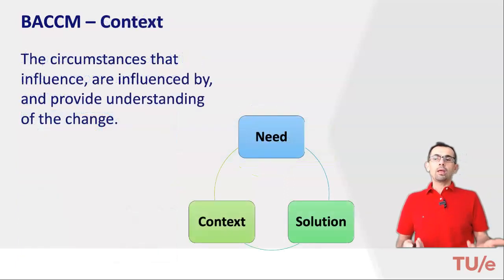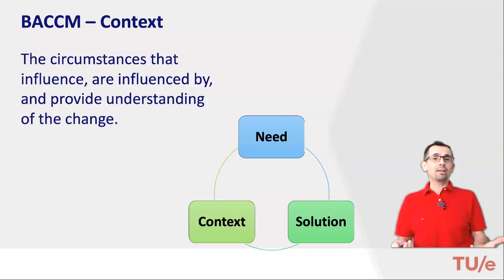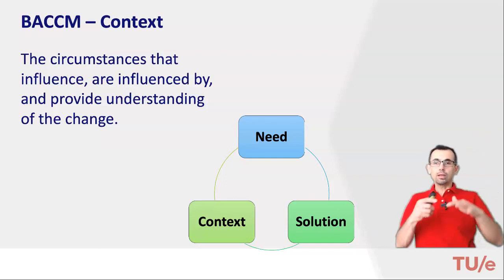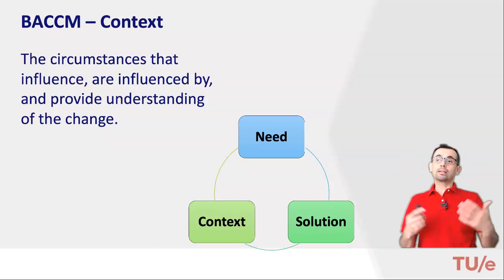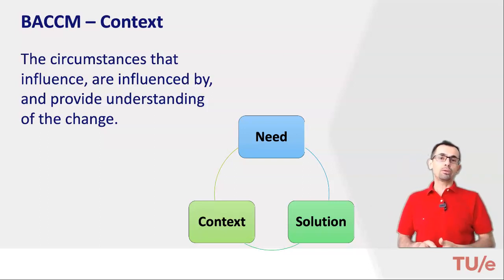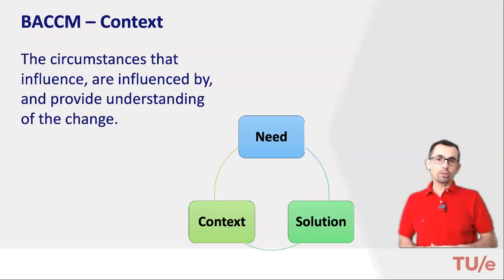But we need to take into consideration the context as well, which is very important. For instance, if you're in a city without a bike path, this solution might be very difficult to implement. Also, if you're in a city with significant slopes in the urban areas, for instance, in some parts of France or Italy, that can also be a very difficult solution, or it might not be as effective as we think it would.